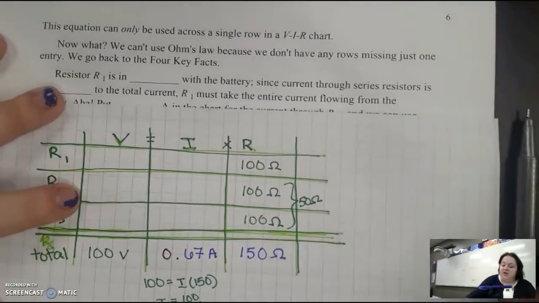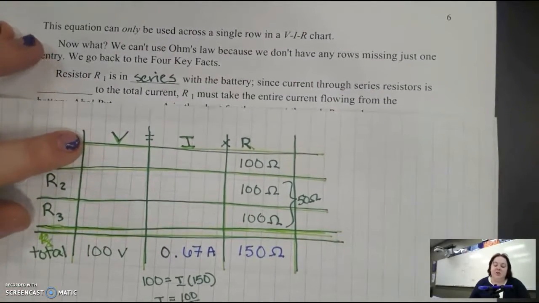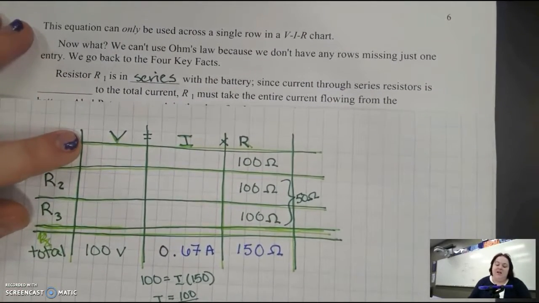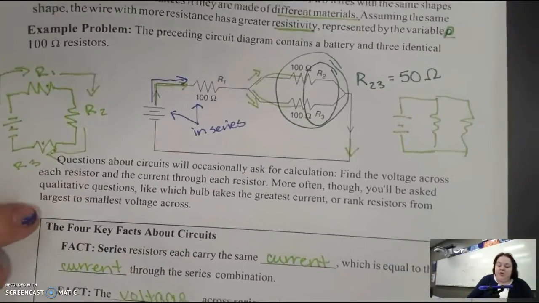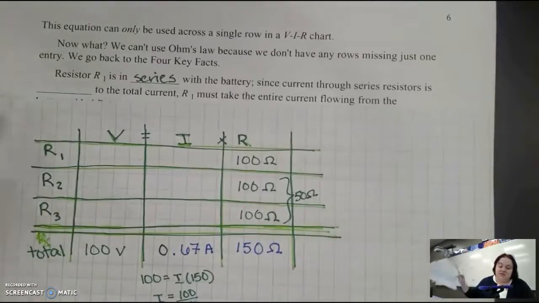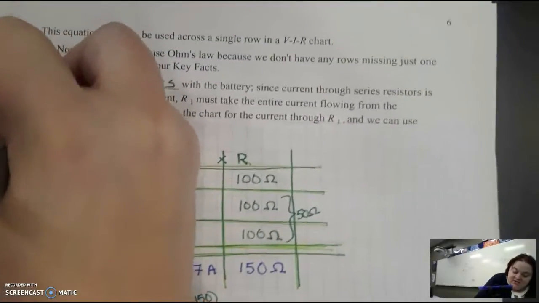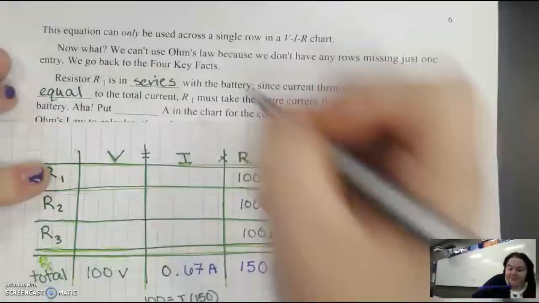So resistor 1 is in series with the battery, since the current flows through the resistor. And if we look at our four facts, the current flowing through a series resistor is equal to the total current. I just bumped my camera.